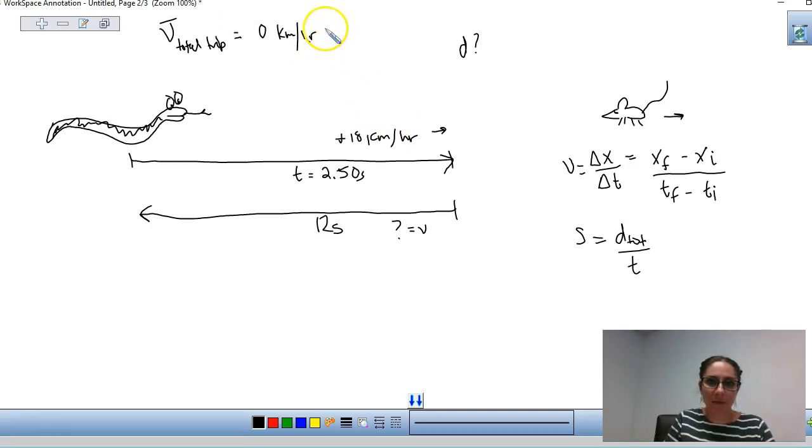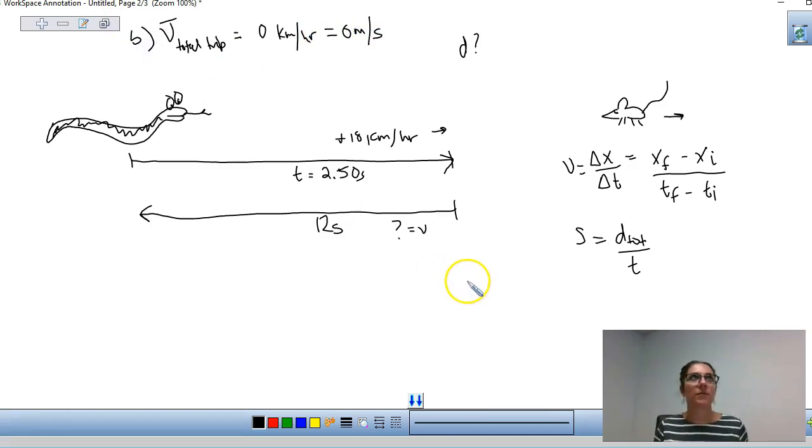So that's, well, meters per second, since it's the same conversion for part B. And I hope that makes sense, because if it's the average velocity, the displacement between here and here will be 0. So our average velocity of the entire trip, part B, is 0. You don't need to calculate it, but if you're doing an AP exam, you might want to just explain like it starts and ends in the same position, but 0 is sufficient.